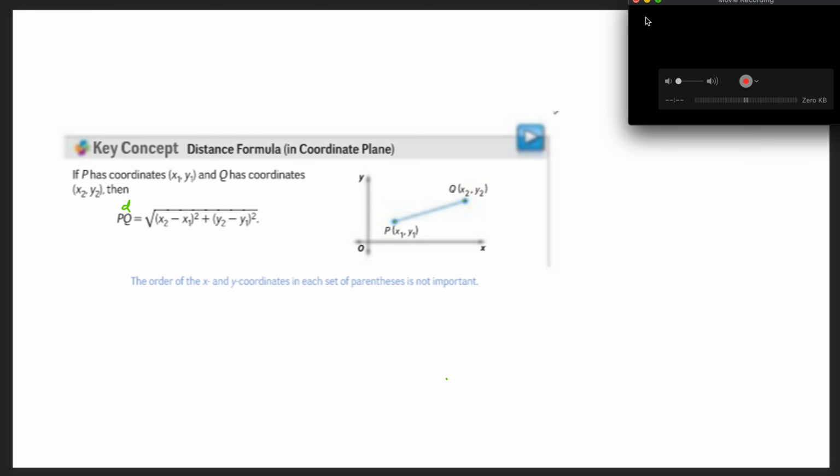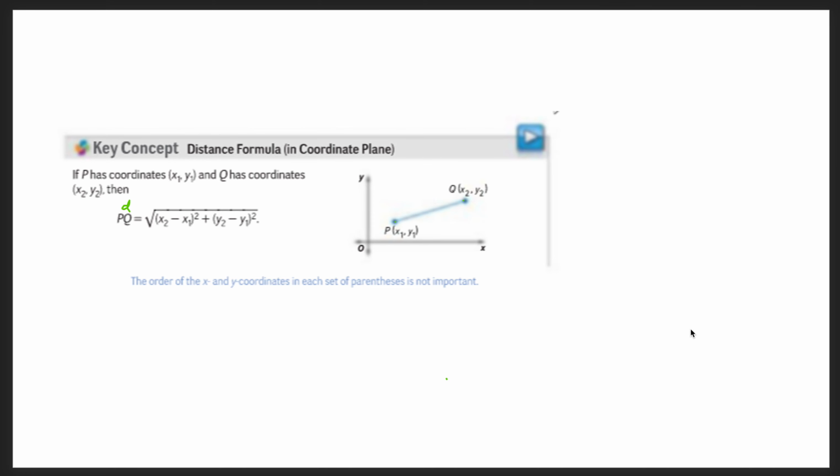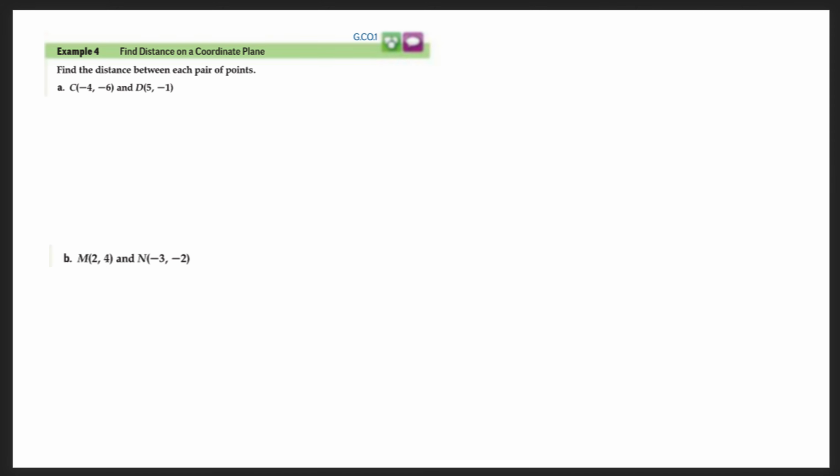Distance equals the square root of x2 minus x1 squared plus y2 minus y1 squared. The order does not matter, meaning it doesn't matter if I label P x1, y1 or x2, y2, as long as I label Q the opposite. You'll see that with the example that's about to come.